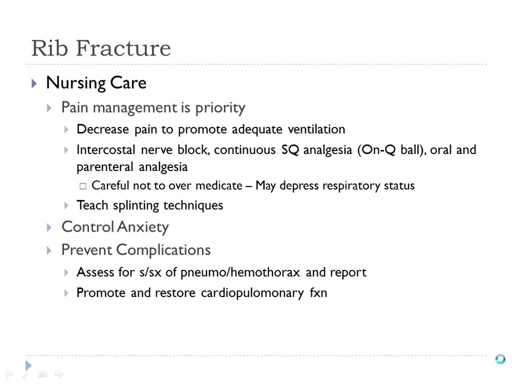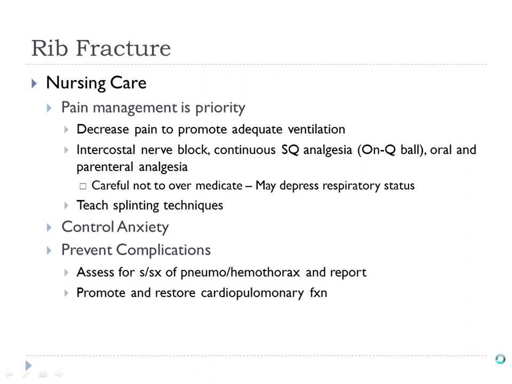You've always learned up until now, be very careful with these narcotics because they will depress the respiratory system. So you would not want to give them too much, because there's a careful balance here. So don't over-medicate your patient with IV or PO narcotics because it suppresses their respiratory drive and you're just going to cause more problems.